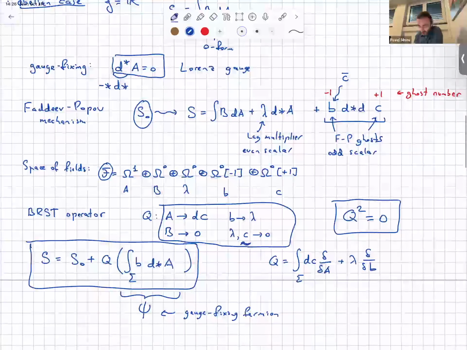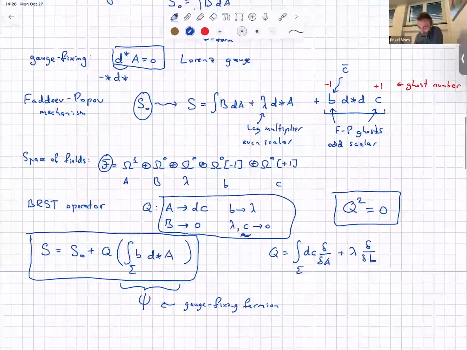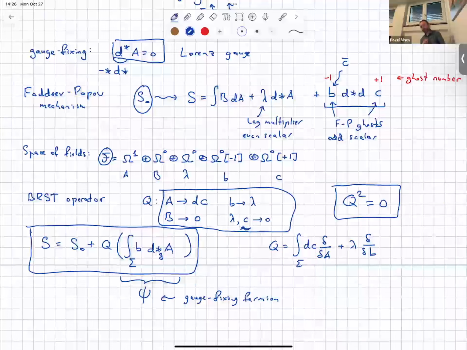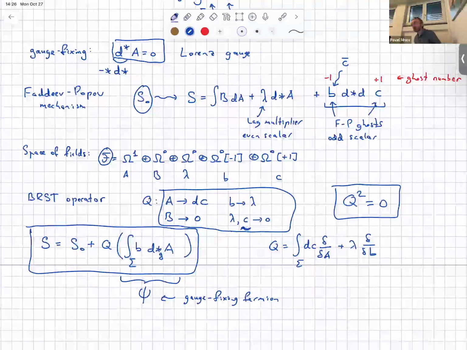S0 was just the integral of BdA. Q does not depend on the metric. The only place where the metric appears is in this star here. Let me write star sub g, so it depends on the metric. That's the only place where the metric dependence occurs. This will be important for us in a second.